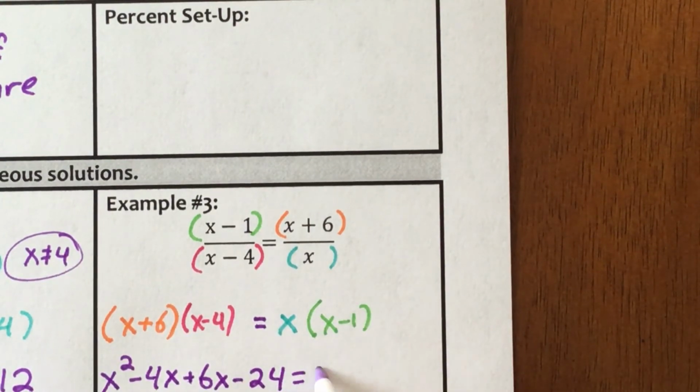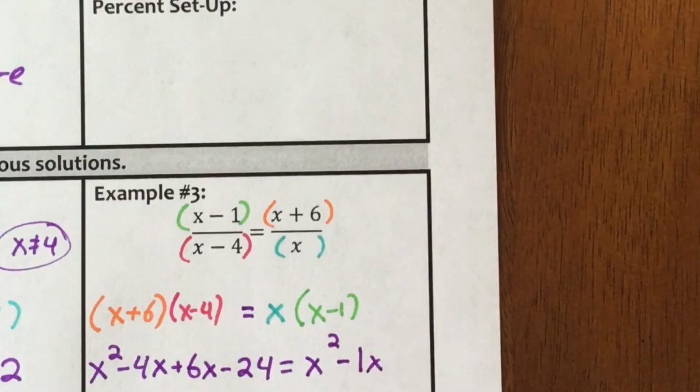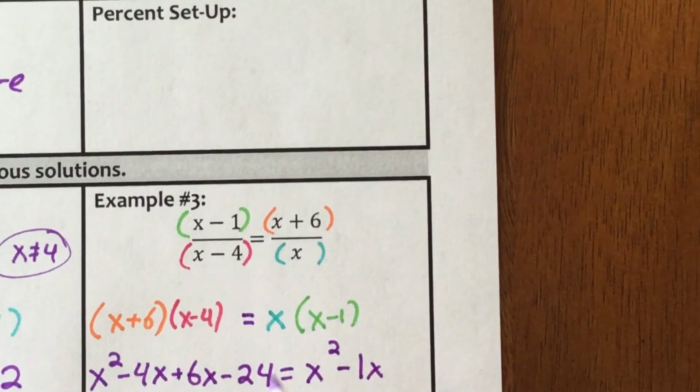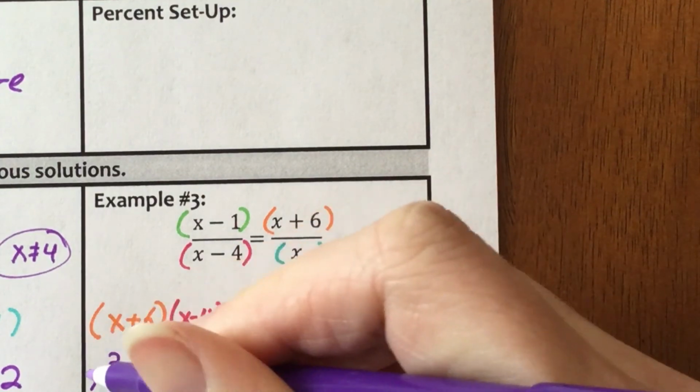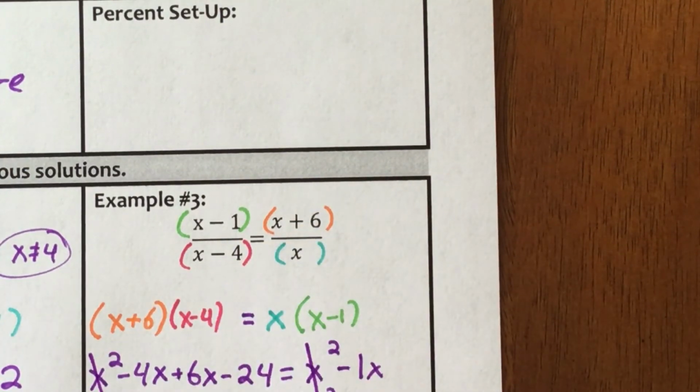Second side, x times x is x squared. x times negative 1 is negative 1x. All right, let's subtract x squared from both sides. Okay, so those guys cross out and those guys cross out. The right side is negative 1x. Looks like we can combine a couple of terms. On the left, negative 4x plus 6x is positive 2x.